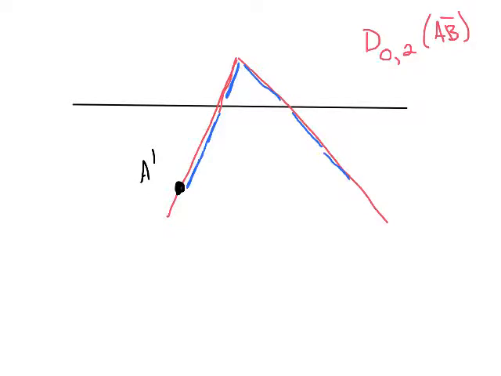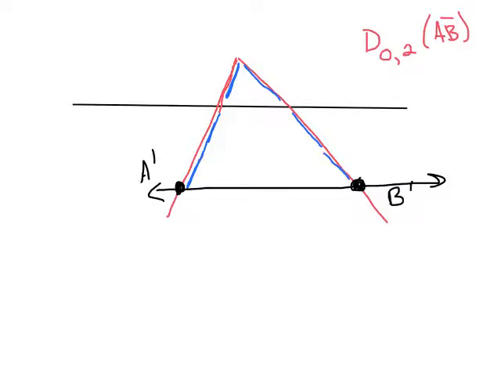You would find that when you dilate a line or a ray or a line segment, the image is going to be parallel to the original. So when you dilate a line, you get a line. When you dilate a ray, you get a ray. When you dilate a line segment, you get a line segment.